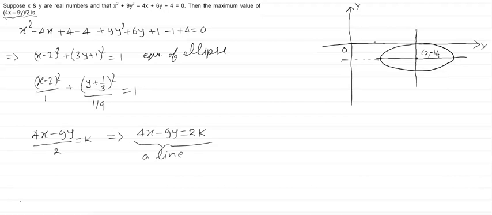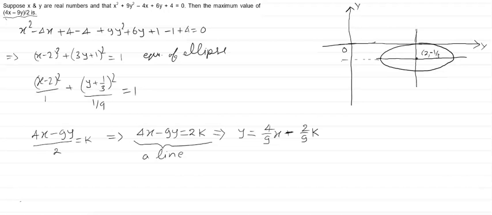For different values of k, this will represent a family of parallel lines whose slope is 4 by 9. Let's make it in a more comfortable form of line expression, the slope intercept form. We can write this as y is equal to 4 by 9 x plus, this will be minus 2 by 9 k.